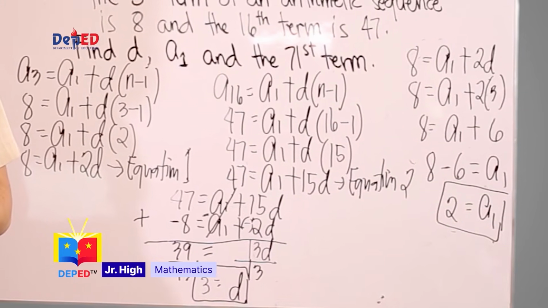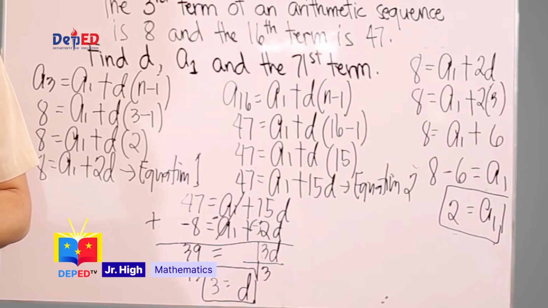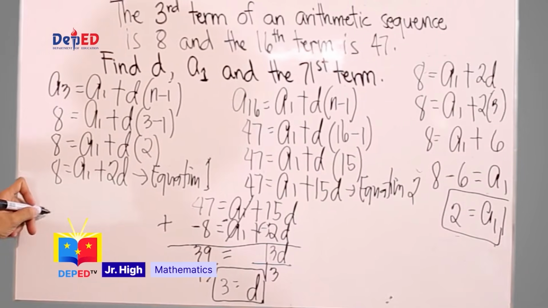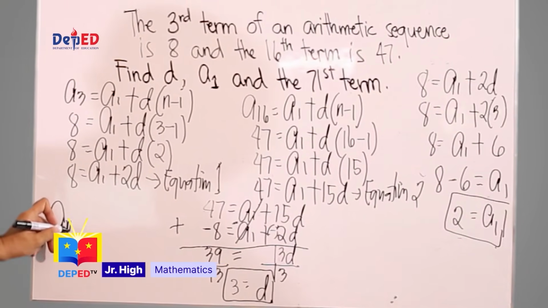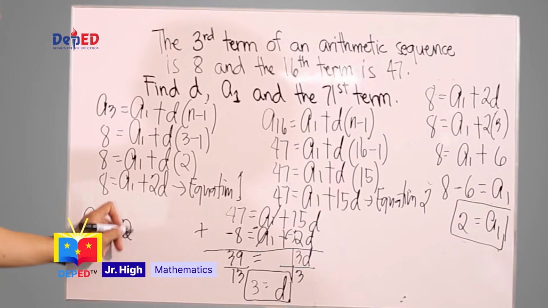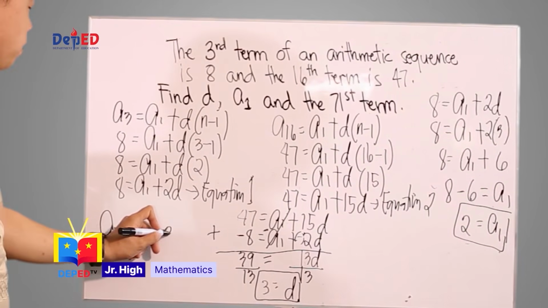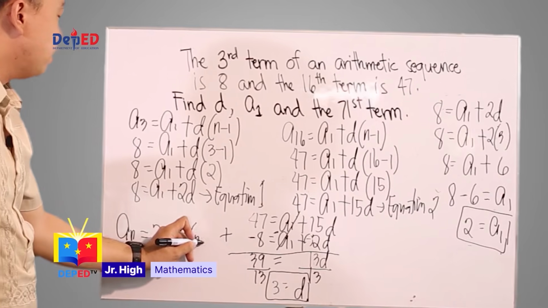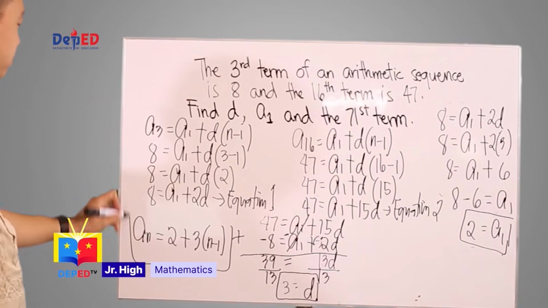Thus, the nth term of the arithmetic sequence is a sub n is equal to 2 plus the difference 3 times n minus 1.